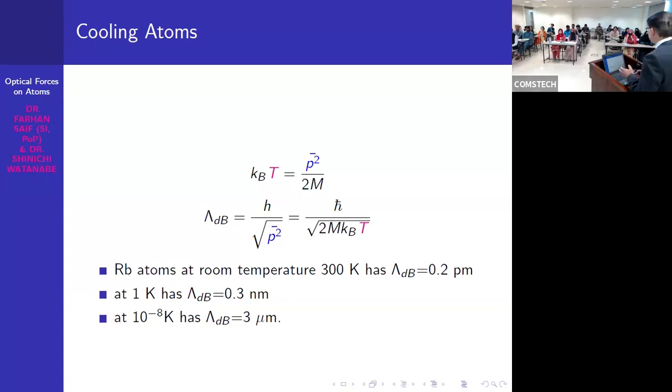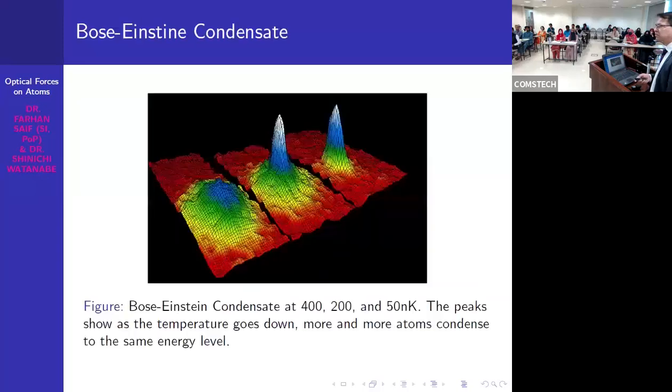This micrometer de Broglie wavelength is comparable with the optical wavelengths which we have around us. Going to this scale, we see the quantum mechanical properties of the atom take place, and we can also control the de Broglie wavelength of our system in this way.